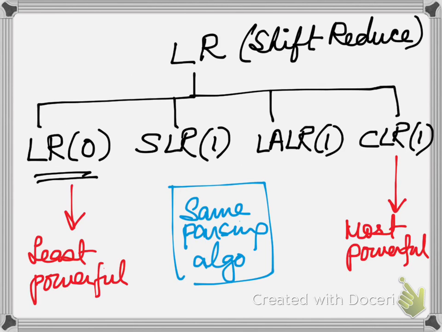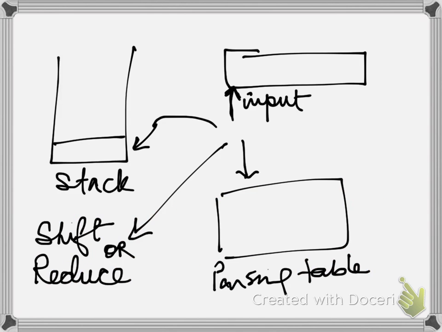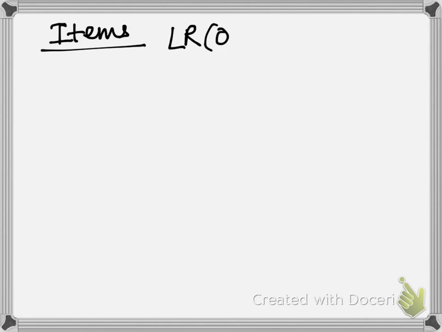But coming back to this, as I said, the parsing table construction for all four of these is different. And to construct the parsing table, we need something called items. We have what is known as LR0 items and LR1 items.